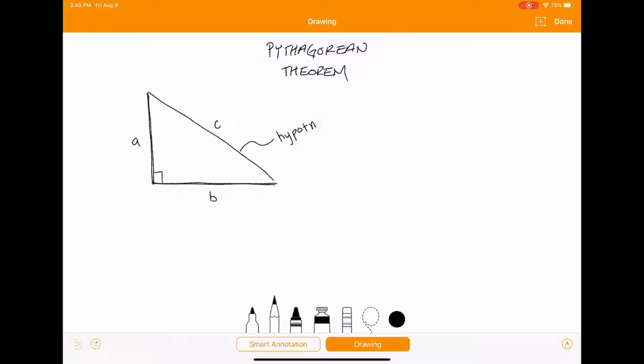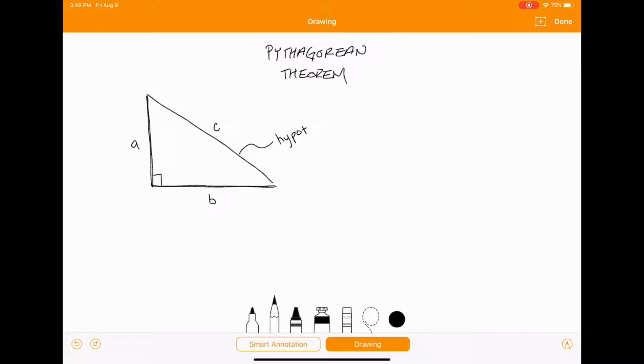Ooh, I did not spell that right. Hypotenuse, like that. And that's always the side that connects your vertical and horizontal side. So the two sides that make up your 90 degrees, opposite of that is your hypotenuse.